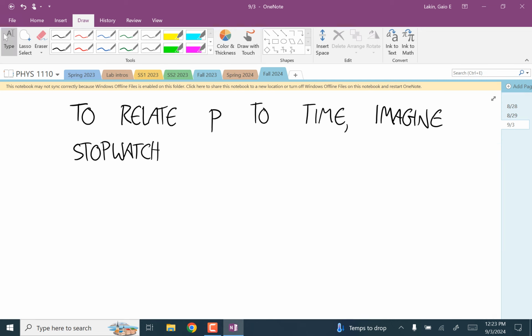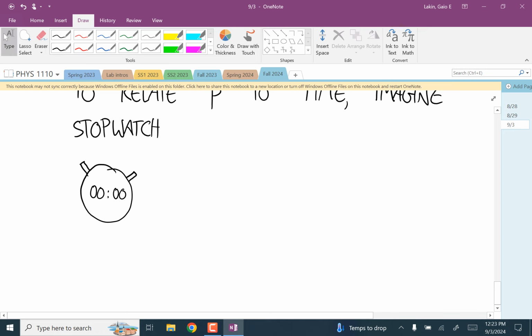So you have this stopwatch with a start and stop button and a reset button, you know. And so we have to choose one more thing in order to relate the position to time.